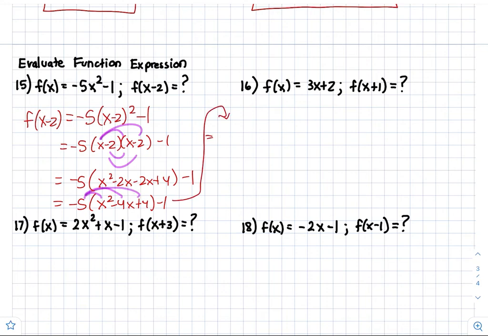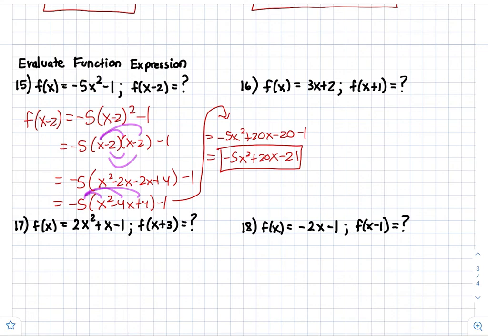So we have negative 5x squared plus 20x minus 20 minus 1. Negative 5x squared plus 20x, negative 20 minus 1 is negative 21. So you just plug it in to the function, and then you solve.